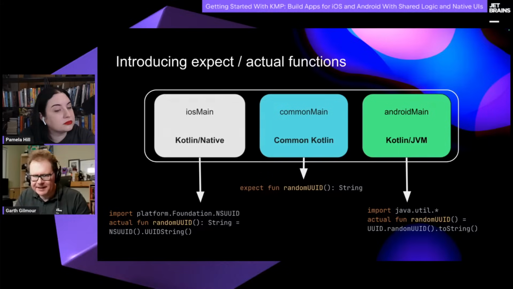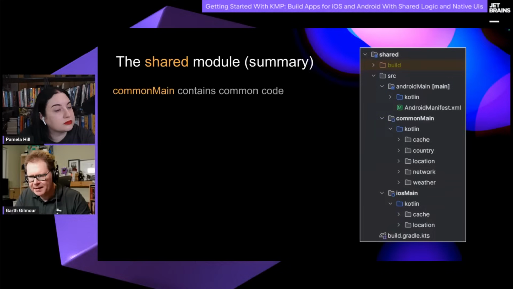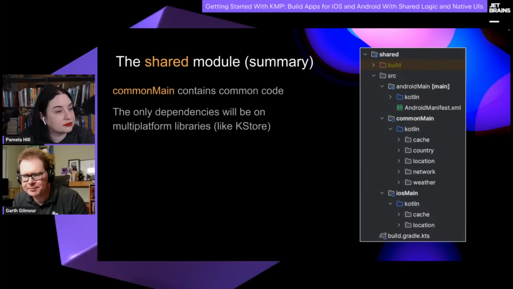So hopefully that helps make sense of the different source sets that you have. To summarize, commonMain contains your common code, and this is the code that is indeed going to be used on the different targeted platforms. So the only dependencies that you'll have in there will be on multiplatform libraries, in our case, KStore.